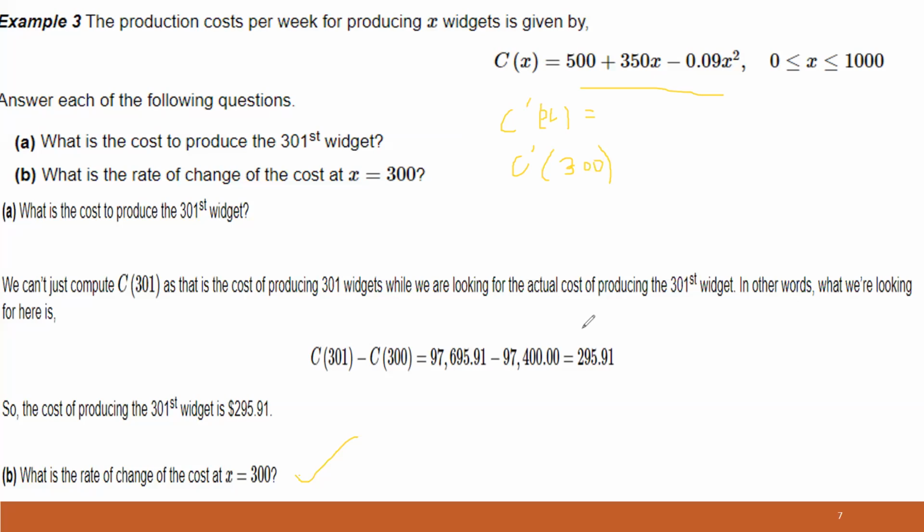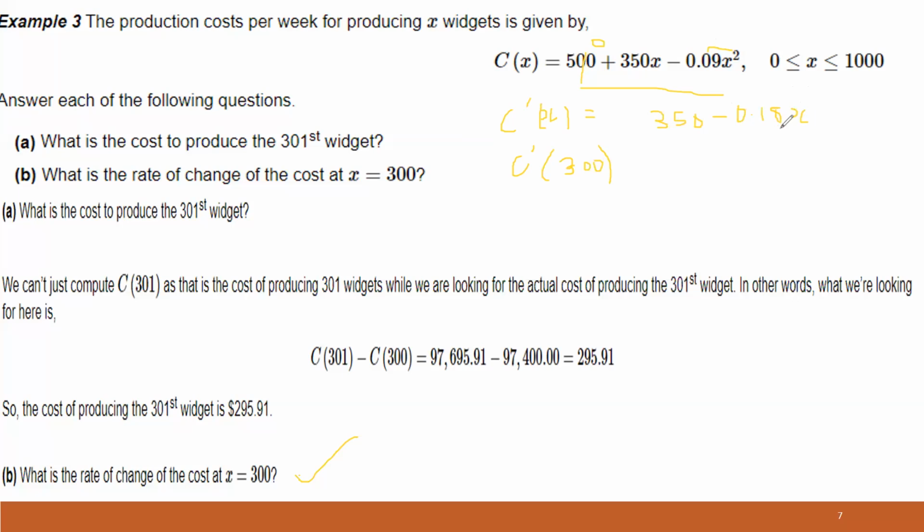Finished. Let's look at it. So the derivative of the constant is 0. That's going to be 350, minus 2 times 0.09, which is 0.18, and then we're reducing the power by 1, so it's just x.